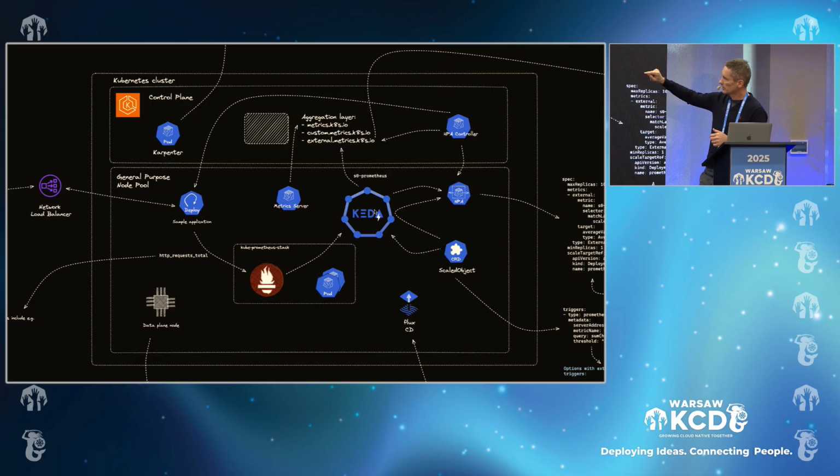So I will say a few words about the aggregation layer in a minute, but basically what this loop will do is that whenever I call the API, the exposed metric will increase continuously, linearly, and therefore the HPA, which will see this metric increasing, will increase the pods also.